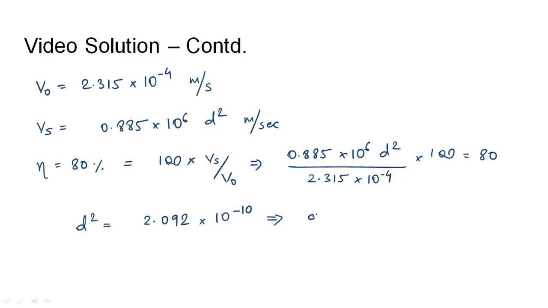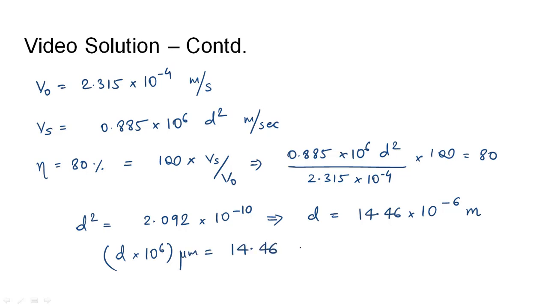Taking the square root of this quantity, we would get d as 14.46 times 10 to the power minus 6 meters. The question instructs us to calculate d in micrometers, so we will multiply d by 10 to the power 6 to get the quantity in micrometers, which would be around 14.46 micrometers.